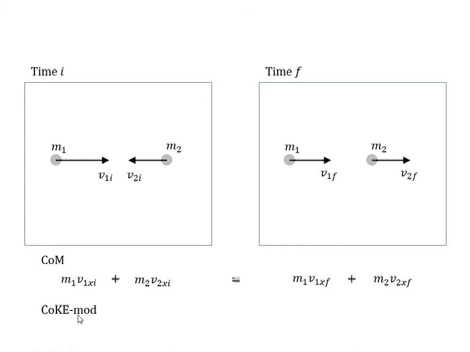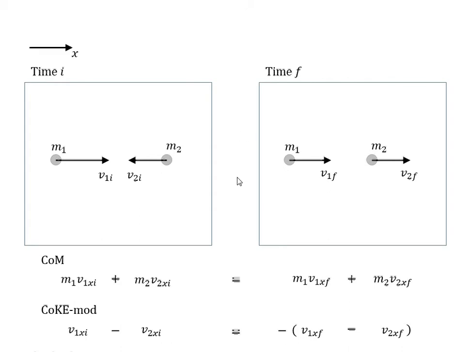I like to call it KE modified. I like to remember that it's coming from the conservation of kinetic energy, but in appearance, it's very different. It doesn't look like energy at all. In fact, a different name for it would be a relative velocities equation. We have the velocity of object 1 initial minus the velocity of object 2 initial. It's going to equal the same thing in the final, except it's the negative of it.